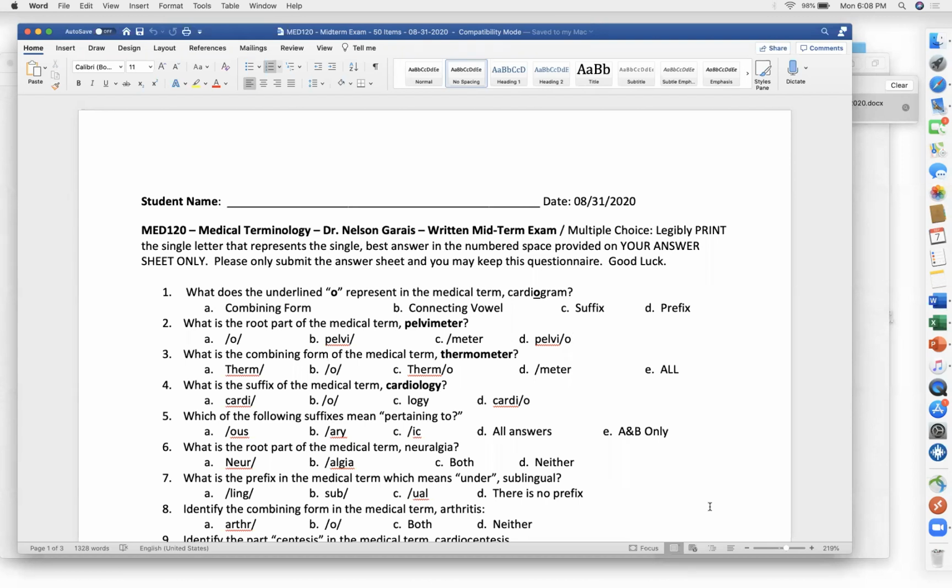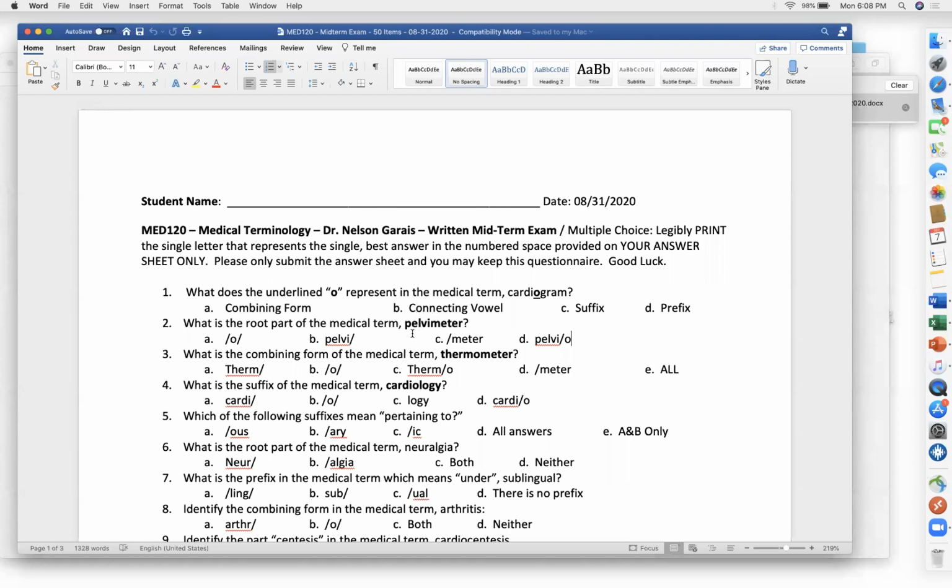And I can tell you right now, it's probably that you mislabeled or mistransferred, or remember our protocol. At the end, let's do number 2 as an example. What is the root part of the medical term pelvimeter? So I have to ask myself, what's the root? The root's got to be the main word.